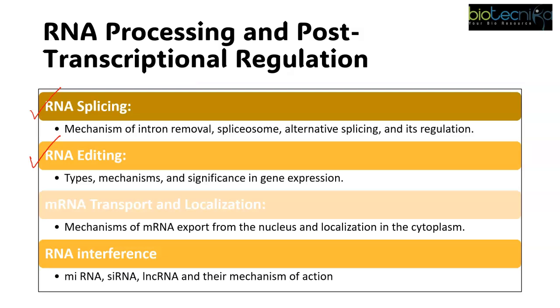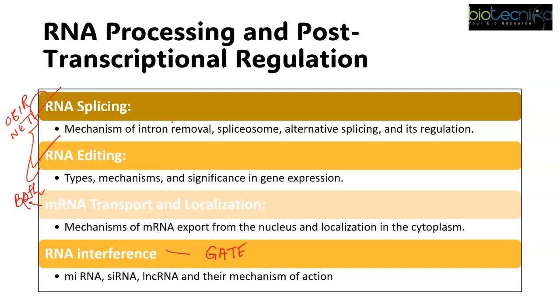RNA splicing and editing questions come very frequently in CSIR NET; these two topics are extremely important for CSIR NET. mRNA transport and localization is kind of important for both NET plus GATE. And RNA interference is something which is very frequently asked in GATE.